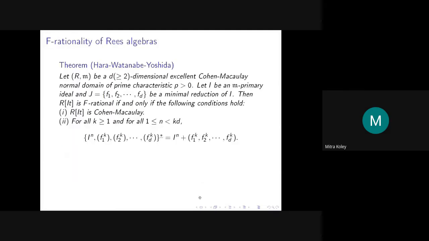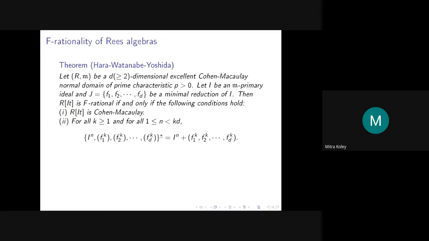So now I'll state the theorem which gives a criterion for F-rationality of Rees algebras, and it is due to Hara and Yoshida. Let (R, m) be a d-dimensional excellent Cohen-Macaulay normal domain of prime characteristic. Let I be an m-primary ideal, and J = (f1, ..., fd) a minimal reduction of I, which exists, as we saw in previous slides.